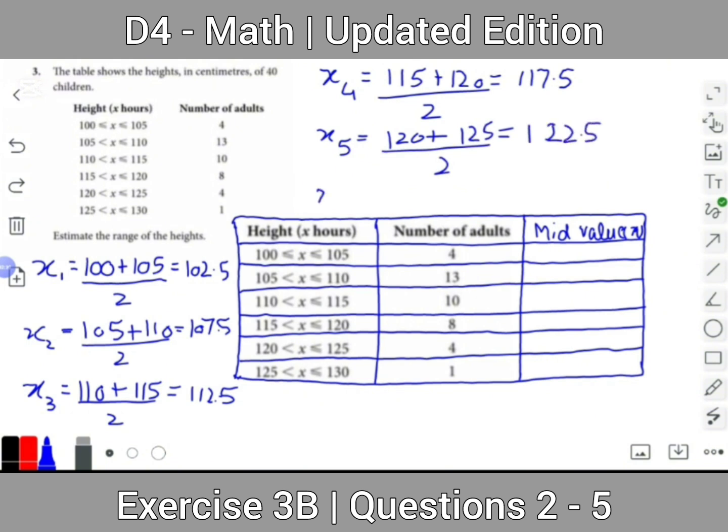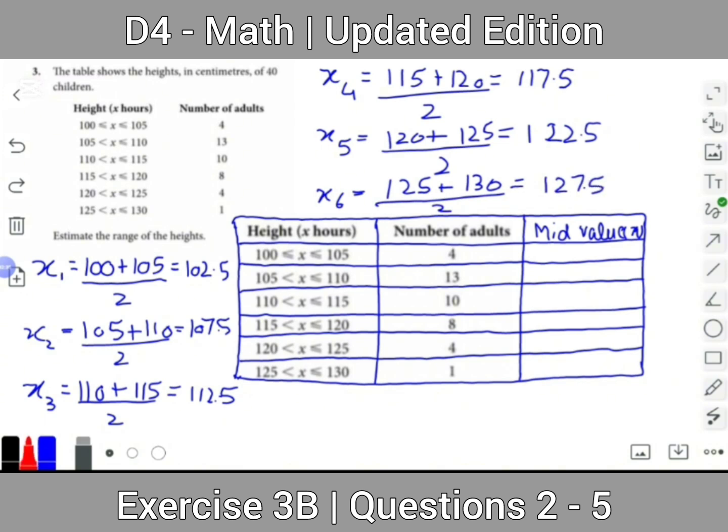Now for the sixth class interval, the lower limit is 125 and the upper limit is 130, divided by 2, and it will be equal to 127.5. Now we will write down these mid values in the third column.